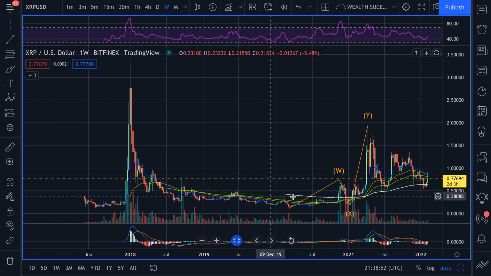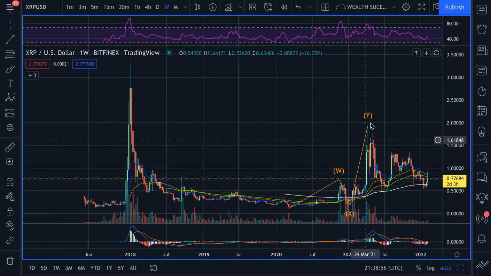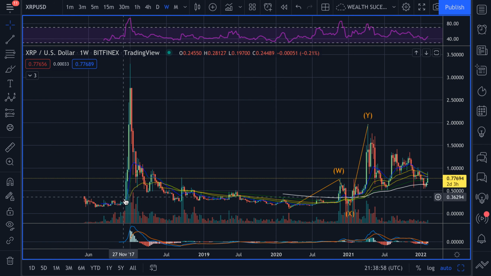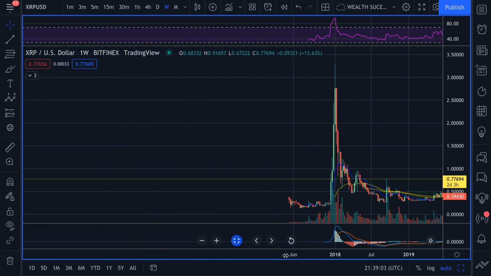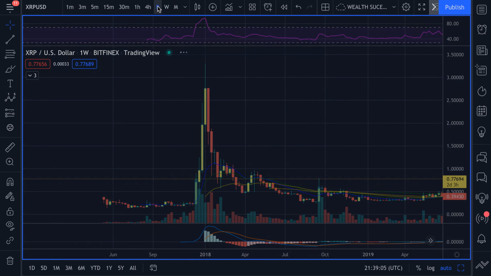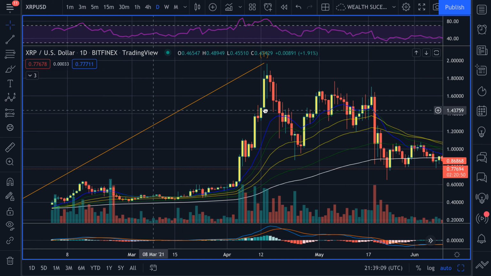Okay, so you see how Ripple, it looks like Doge back here, or SHIB, I mean. It's never really had a bull market. These are 3 waves. Was this even a bull market back here? Let's see if that was a 5-wave pattern.